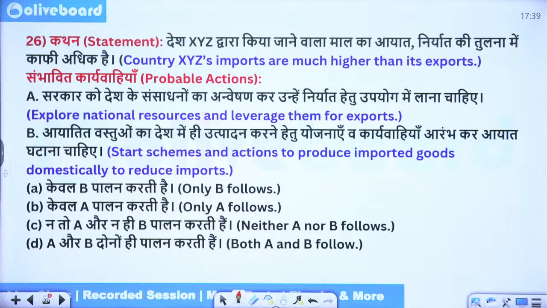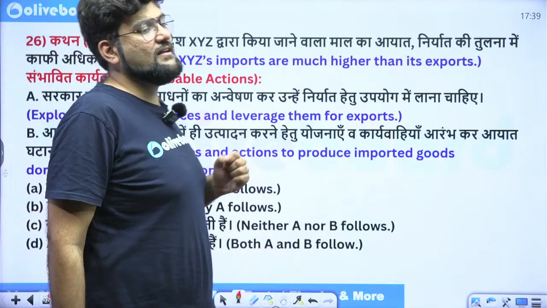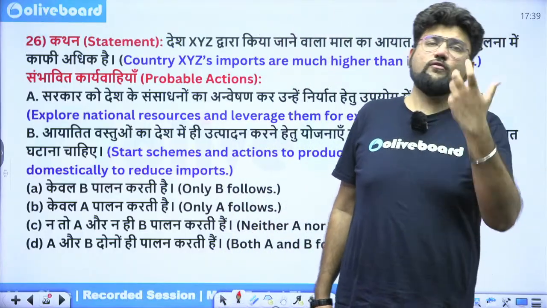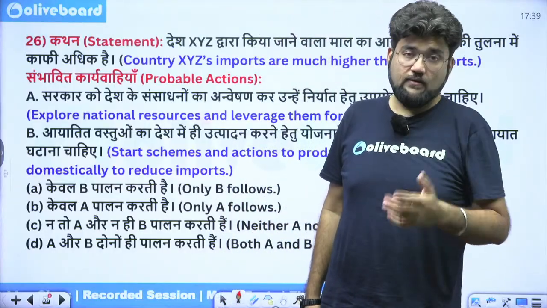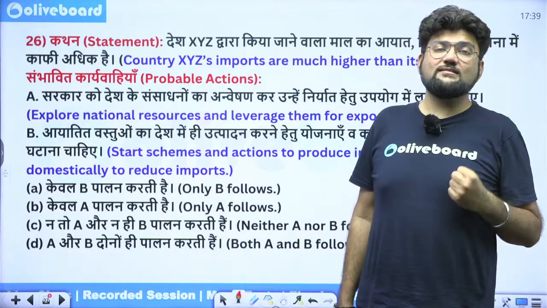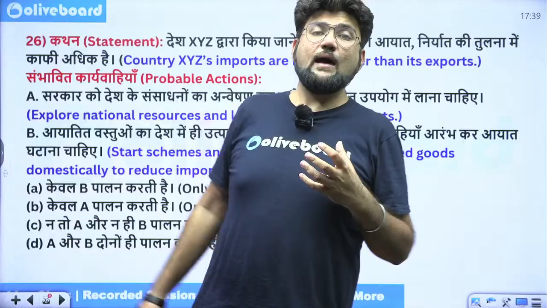So explore national resources and leverage them for exports. Many of you don't know this, but this is a classic theory. If a country is unable to produce goods which are worthy of exportation, maybe due to lack of raw materials or lack of funds, what the country can do is start exploring its natural resources which may be in abundance, which are absent in other countries.